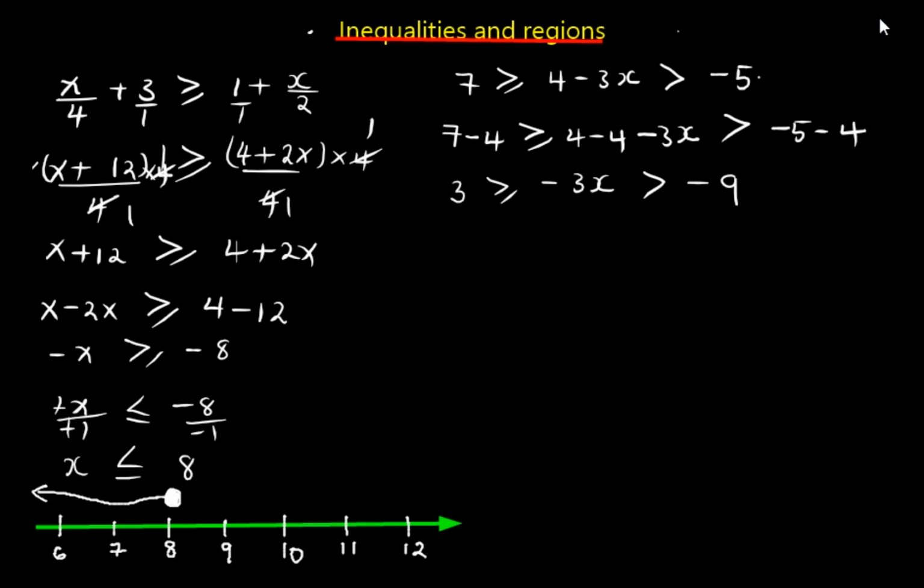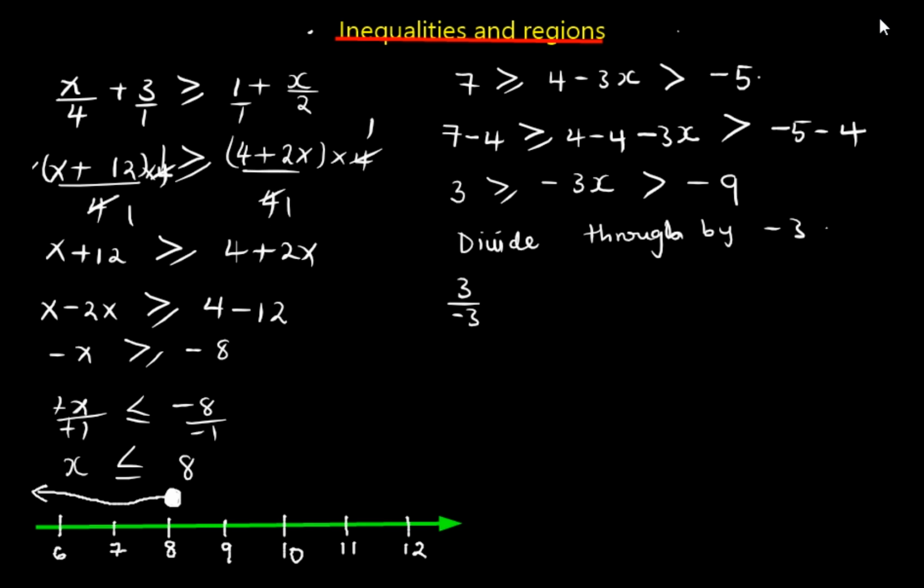Now we have to leave x independent. Is that okay? So we are going to divide through by a negative 3. And we shall have 3 divided by negative 3.